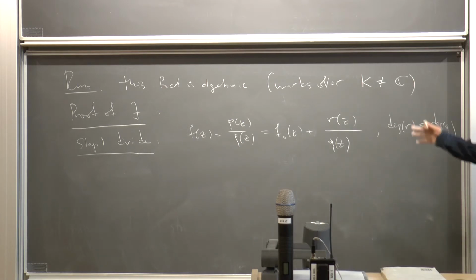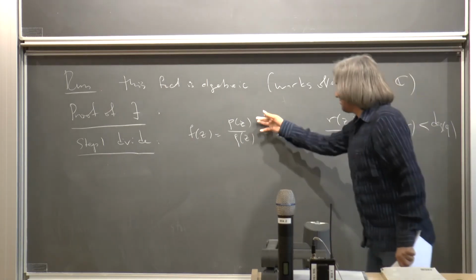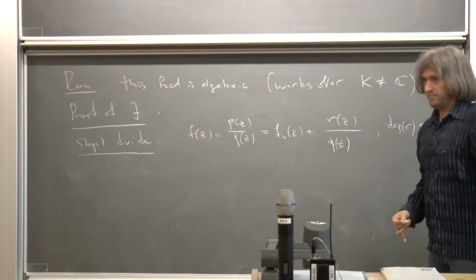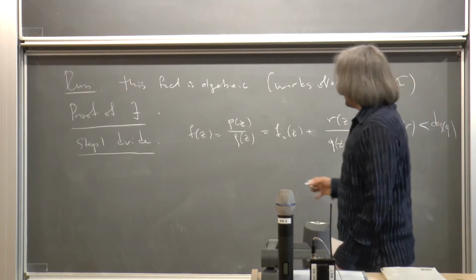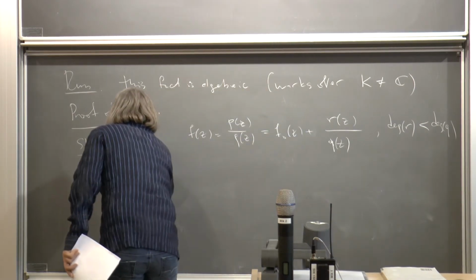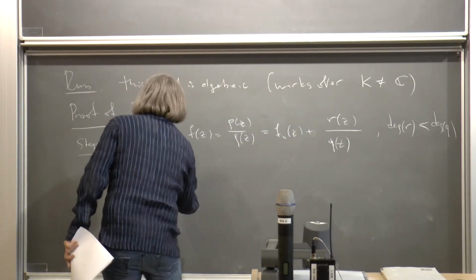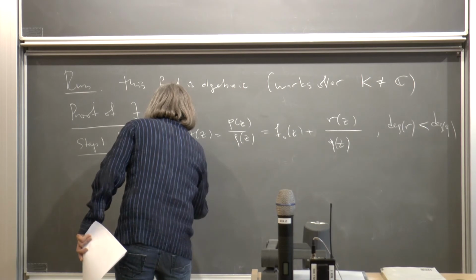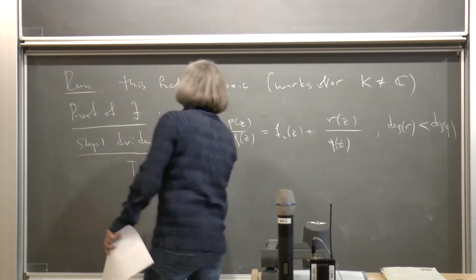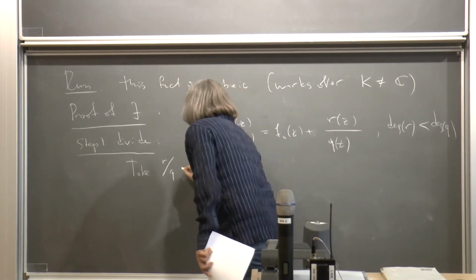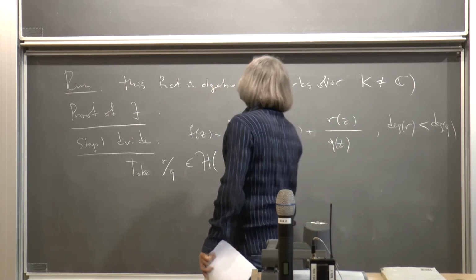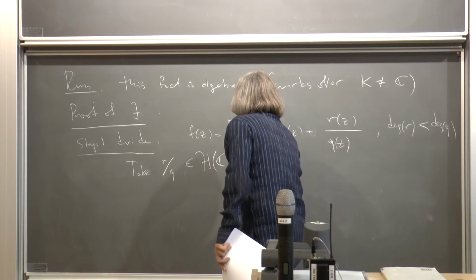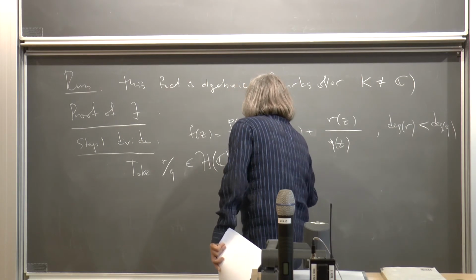This is an algebraic procedure. We divide this polynomial by this polynomial with residue. Now the remaining thing, so take this function r over q. Certainly it's holomorphic in the complement of a1, ..., ak.